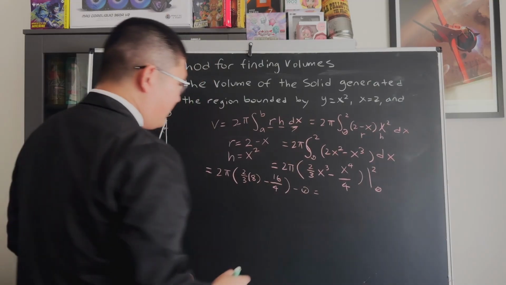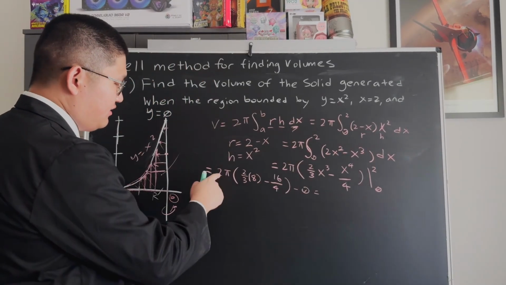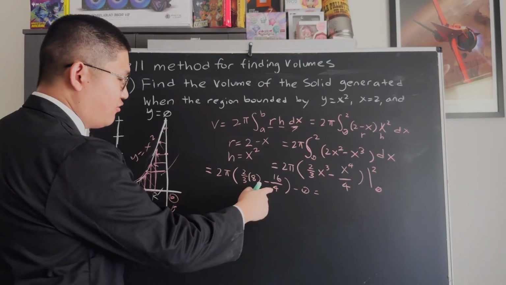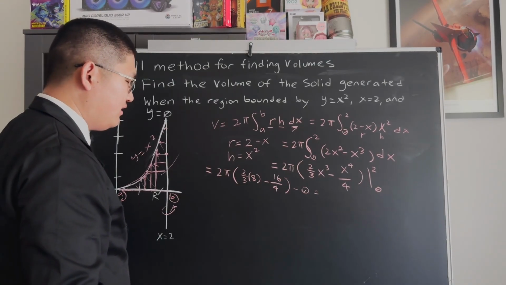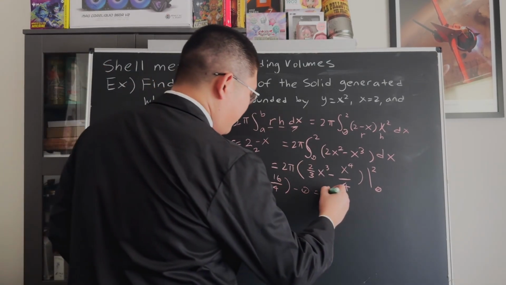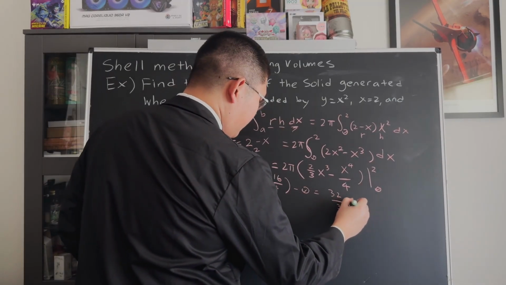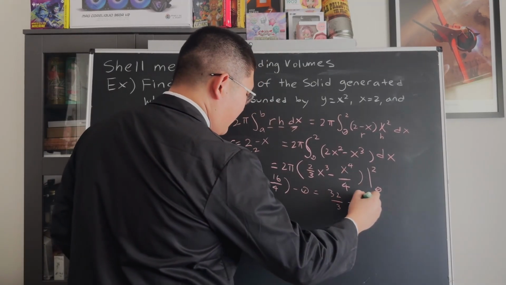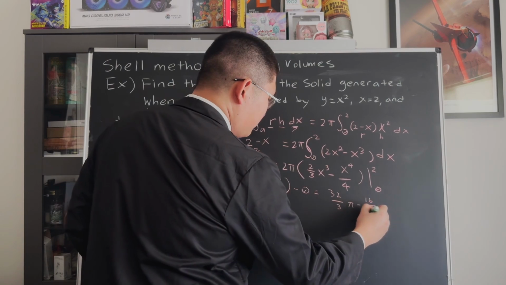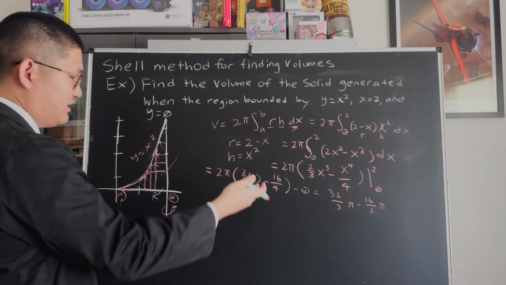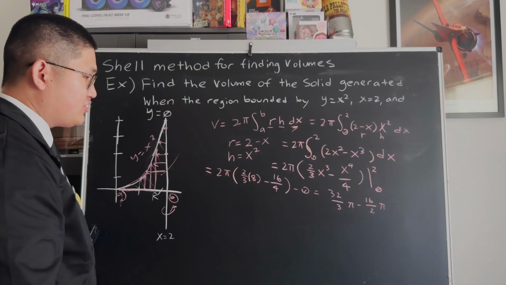And so with that, we can distribute the 2 pi across both of these terms, because the over 4 can be simplified a little bit. And so we end up with a 32 over 3 pi subtracted by a 16 over 2 pi. Okay, with a very nice and easy distribution right there.